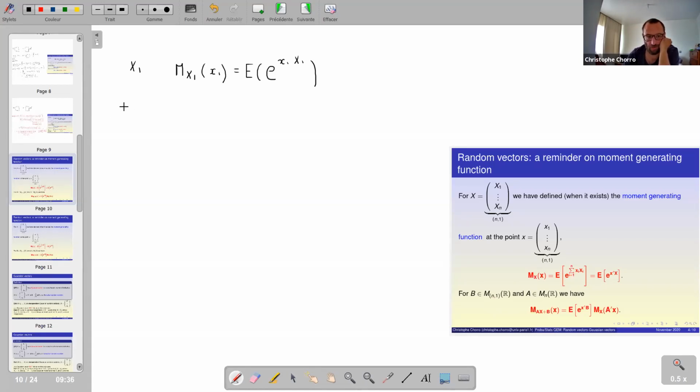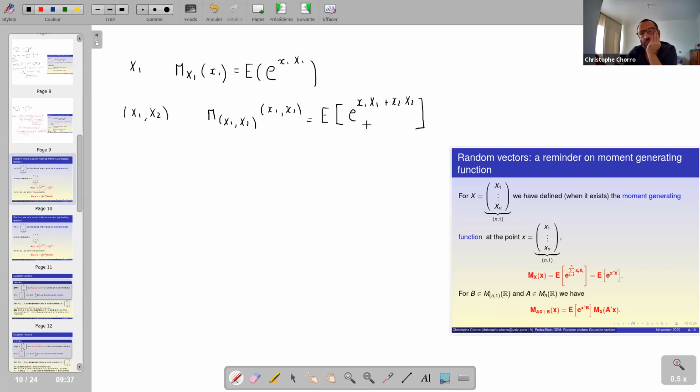I have also spoken about the way to define the moment generating function in the case of a vector. I called it M of x1, x2 at the point x1, x2, defined as the expectation of exponential of x1 X1 plus x2 X2.